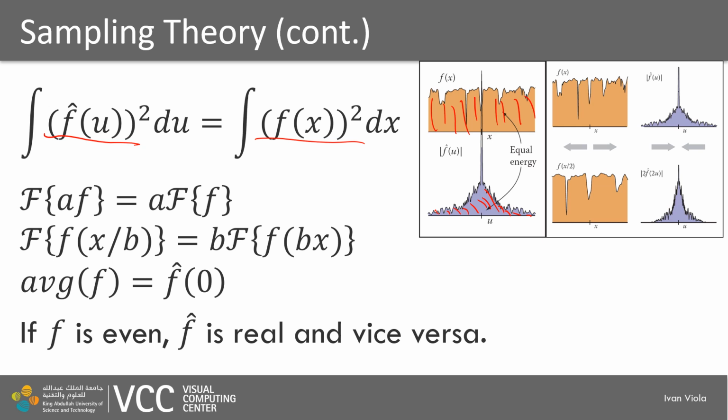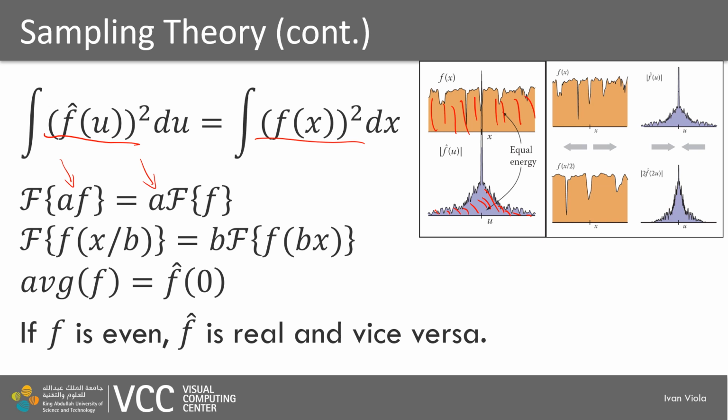Another interesting aspect is that if we multiply our function with some constant and then perform the frequency domain transformation with the Fourier transform, then we can take this constant out, perform the Fourier transform, and then multiply the Fourier transformed function with this constant.